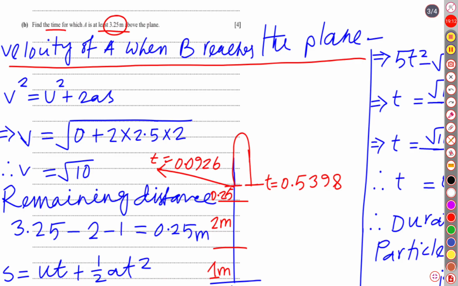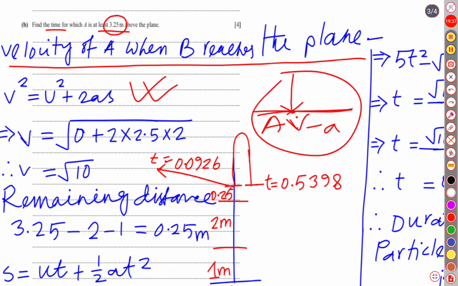So the super concept, the same concept: V square is equal to U square plus 2AS. When A reaches this point, the question told us there is no more force acting, that is, it is in contact with the plane. That means the final velocity V is 0 for A.